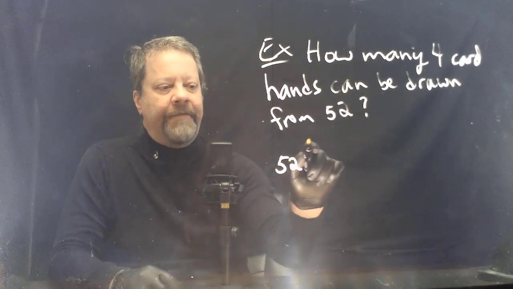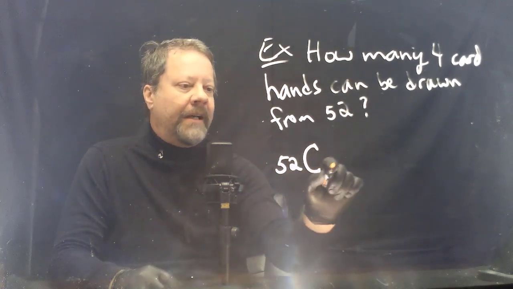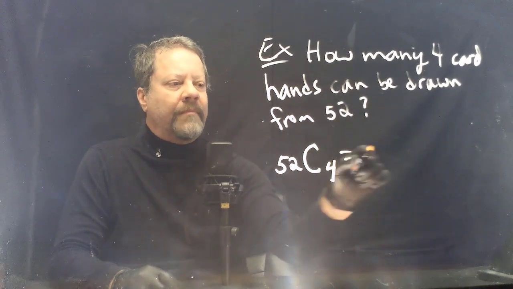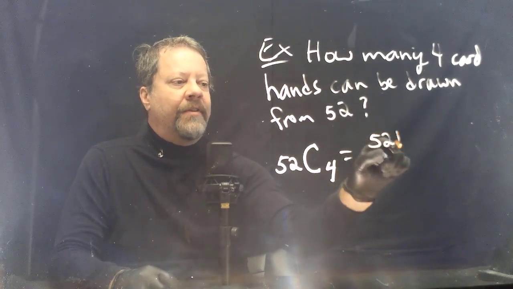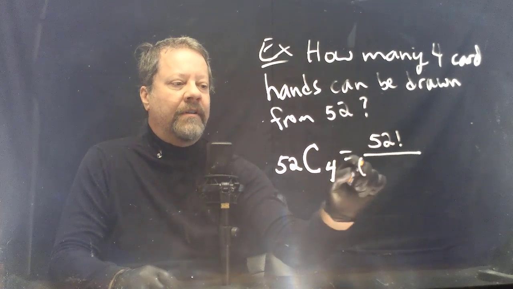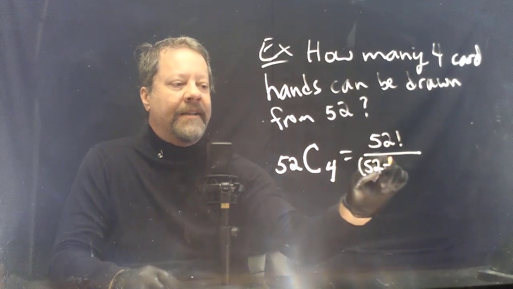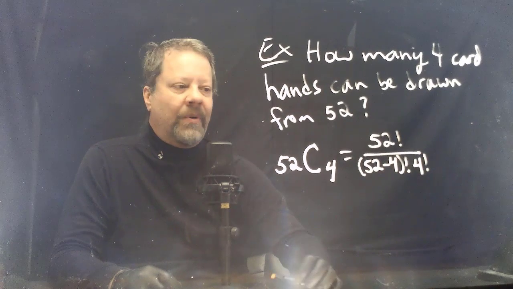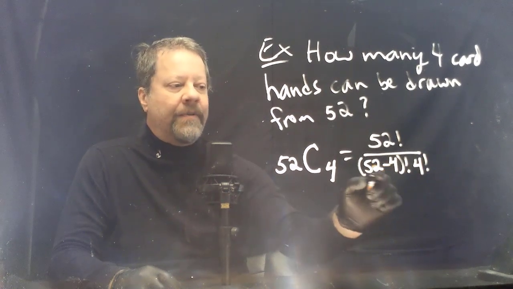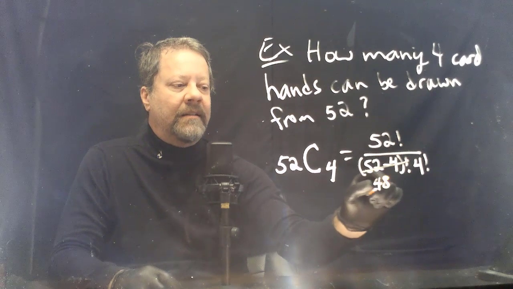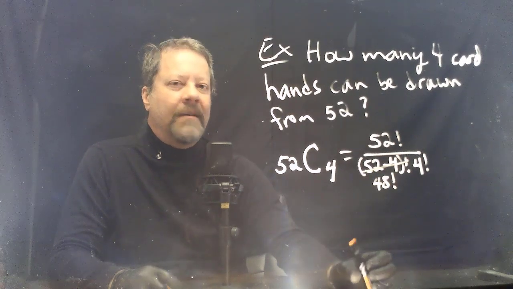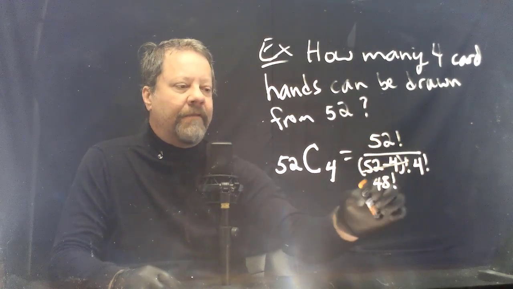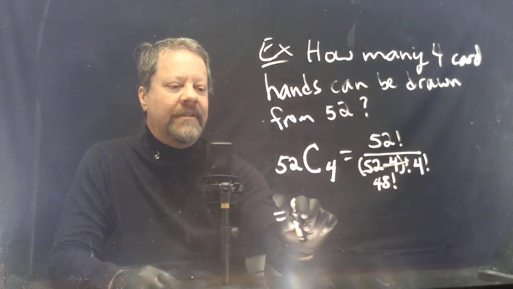So we'll have 52 combine 4. That's 52 factorial over 52 minus 4 factorial times 4 factorial. 52 minus 4 is 48, 48 factorial. But think about how 52 factorial and 48 factorial can cancel.